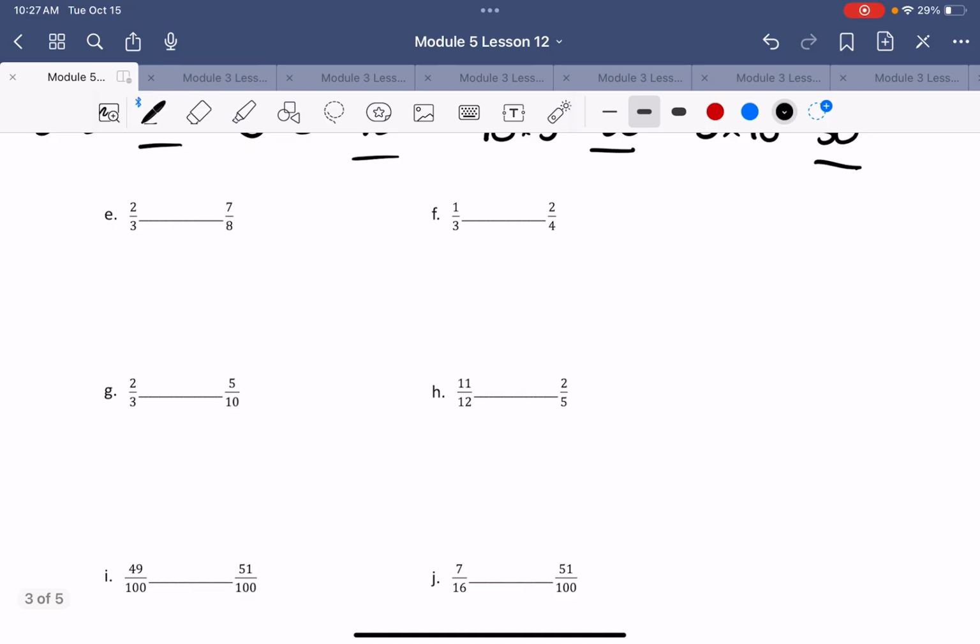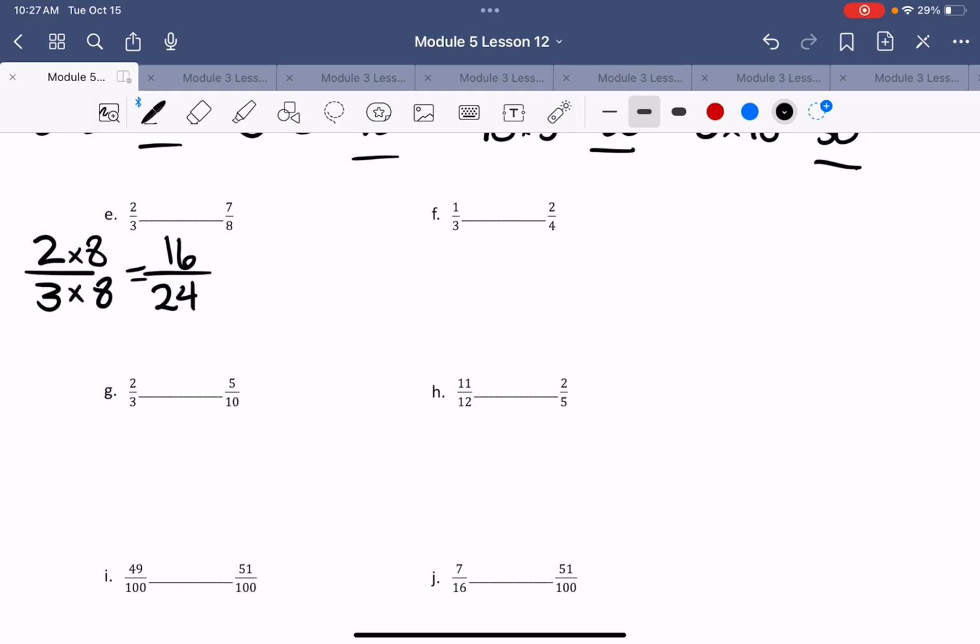All right, let's look at the next one. We have 2/3 times by the opposite denominator, which is 8. So we have 16/24.